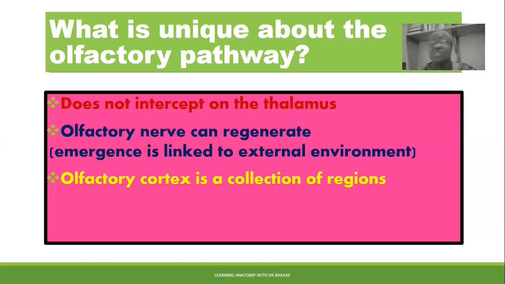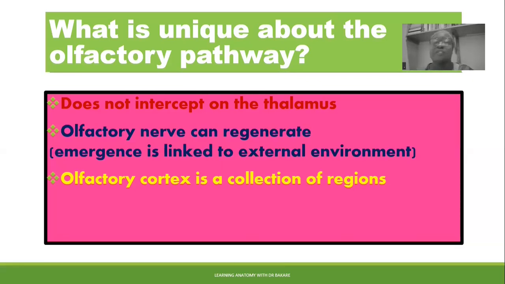Remember that after the formation of the olfactory bulb, we have the emergence of the olfactory tract. It is this olfactory tract that finally terminates on the olfactory cortex. The olfactory cortex for the olfactory pathway is a collection of regions that are seen to receive fibers from the olfactory tract. It is a collection of subregions that are seen at the base of the temporal lobe of the cerebral hemisphere.